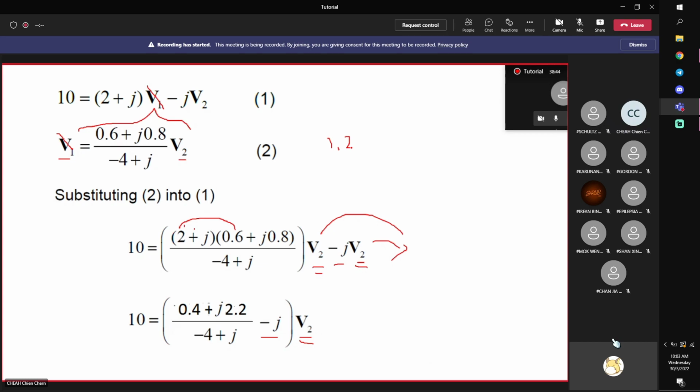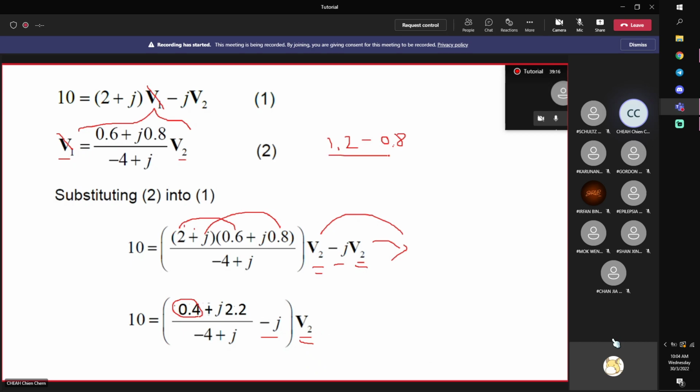And j squared is equal to negative 1, so this multiplied by this gives you negative 1 times 0.8, which is 0.4. So actually multiplying in rectangular form is not that difficult. It's just got to be careful. But if you convert it into polar form, you also need to be careful of conversion errors.